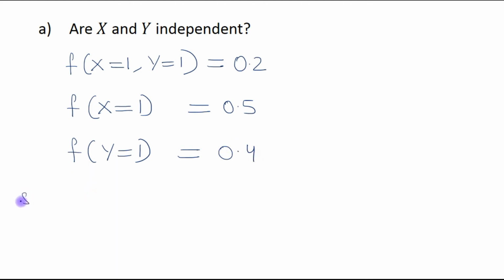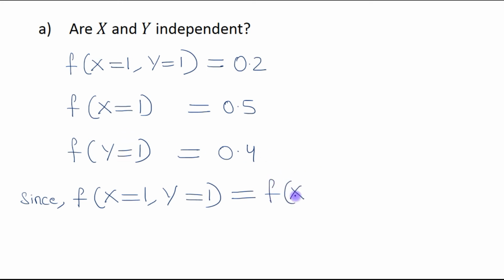Now since the joint probability that x equals to 1 and y equals to 1 is equal to the product of their marginal probabilities, you can see that 0.2 equals to the product of 0.5 and 0.4.